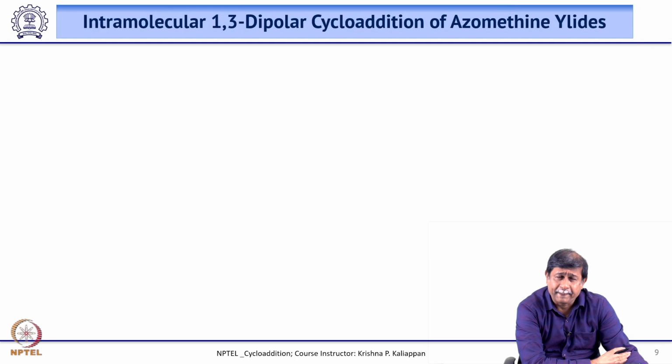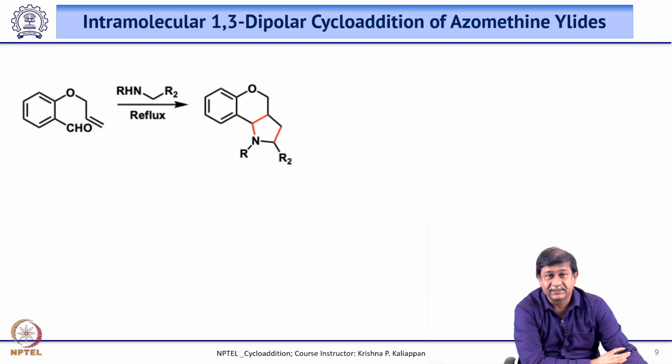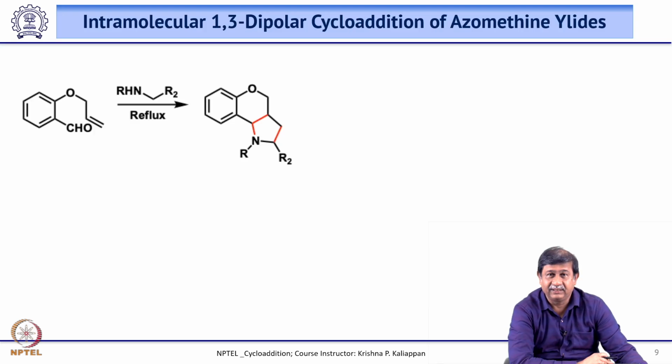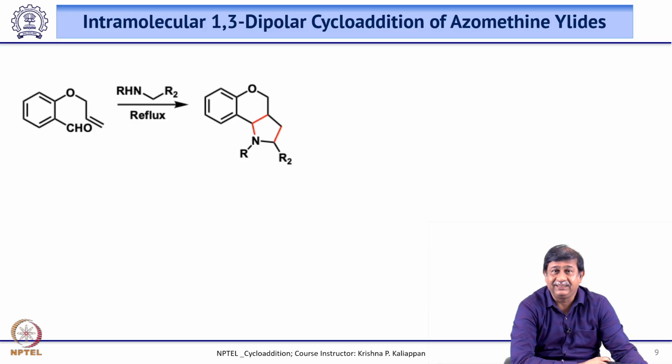Then as I said, one can also do intramolecular 1,3-dipolar cycloaddition of azomethine ylides with dipolarophiles. That means the dipolarophile should be attached to the dipole, and this dipole, as you know, can be generated in situ.